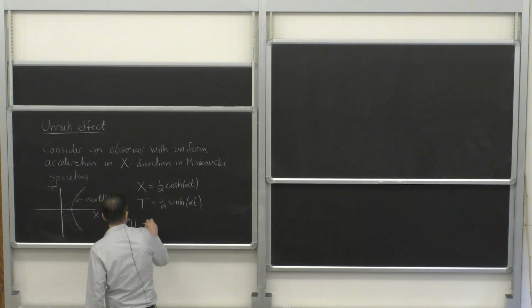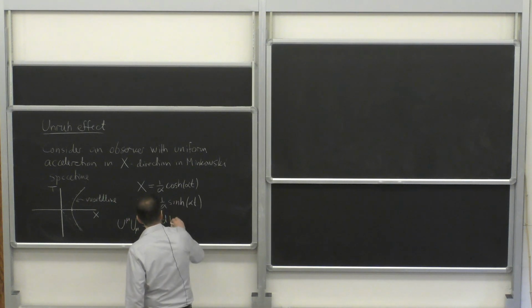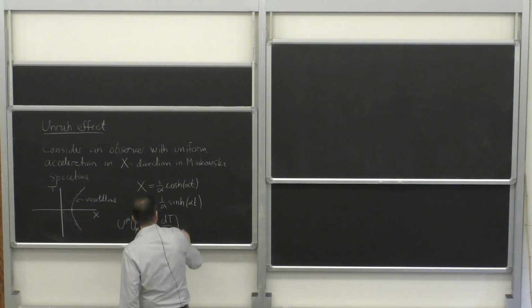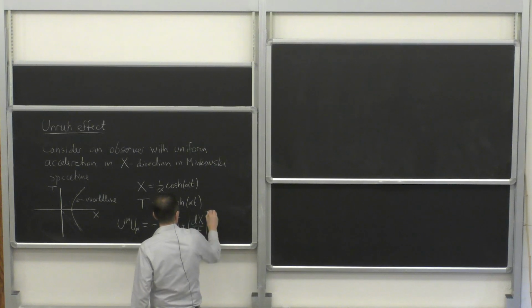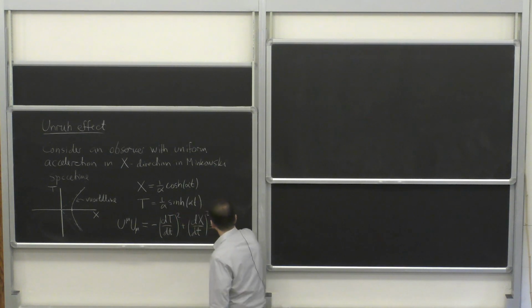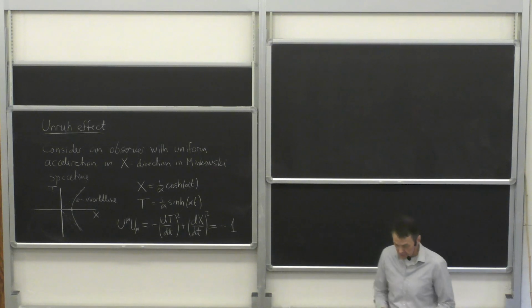Okay. Now we can calculate the magnitude of the forward velocity here. And that's just going to be the usual way. We're in a Minkowski background, so this is easy. And this is easily shown to be minus 1, as it should be.